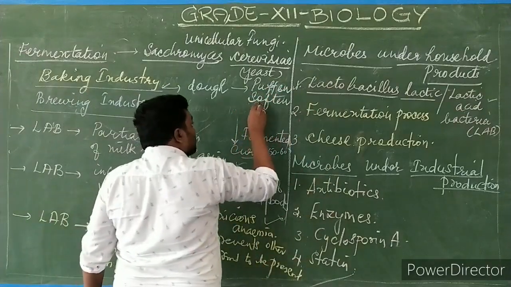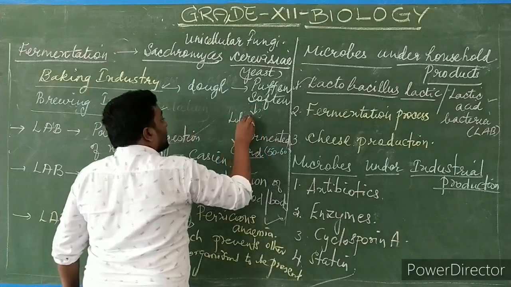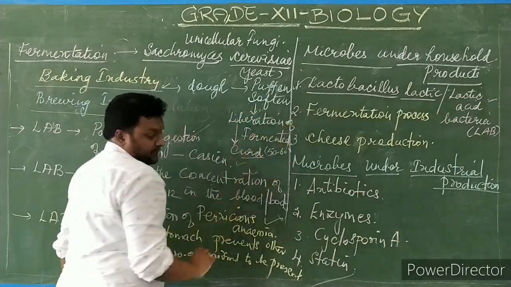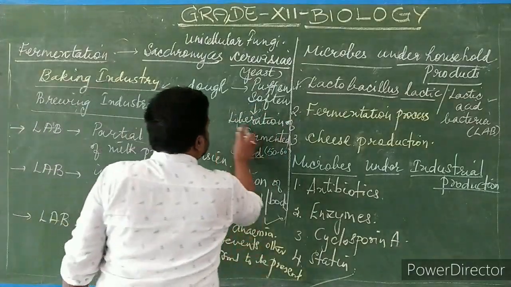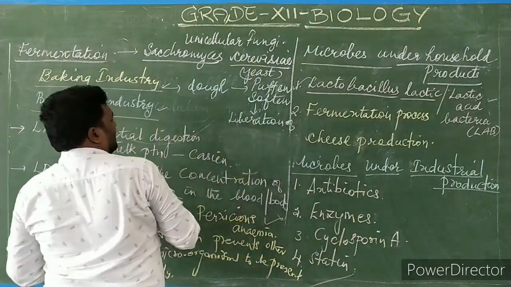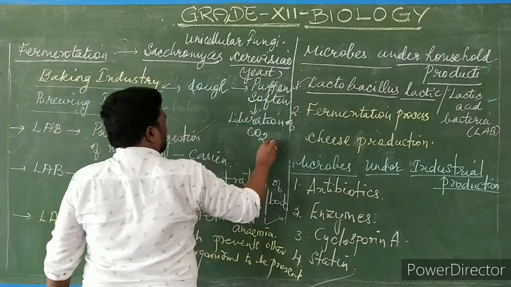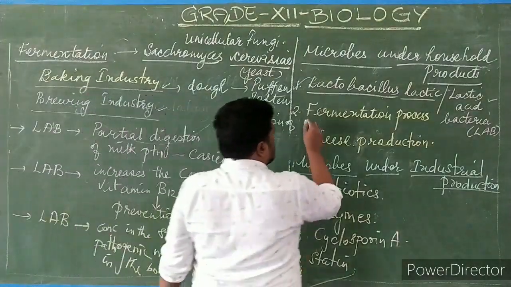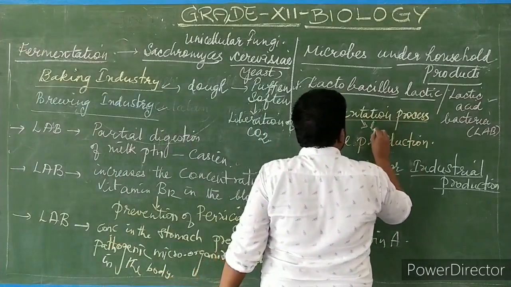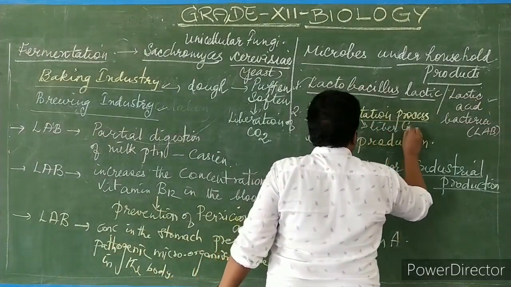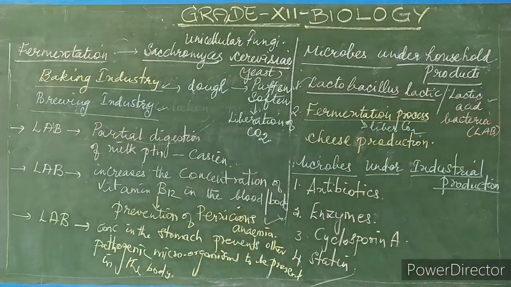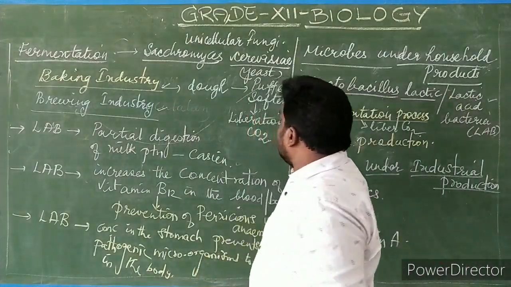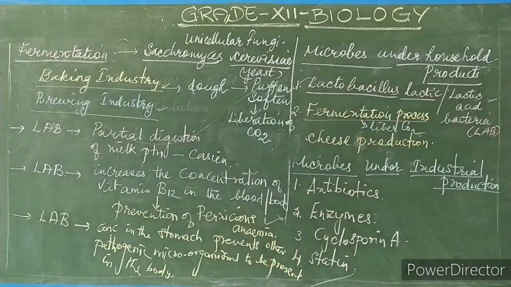This is getting softened due to the liberation of carbon dioxide. I told you the fermentation process results in the production of carbon dioxide. So the dough gets puffed, or softened, with the liberation of carbon dioxide.